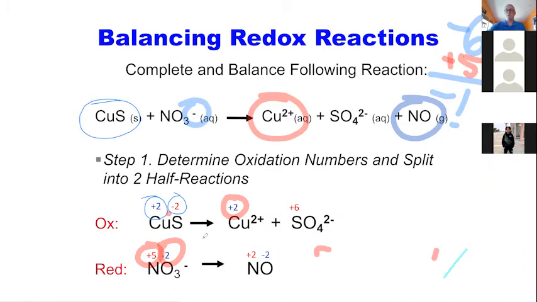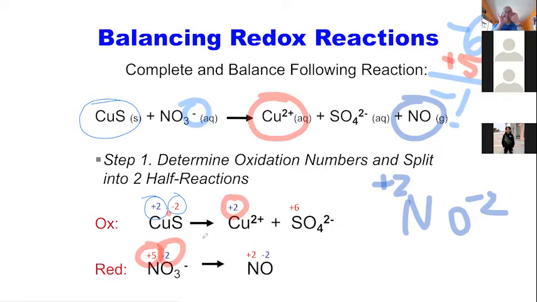So the oxidation number of the oxygen, again, has to be -2. So if oxygen is -2, what does nitrogen have to be? +2. It's got to be +2, right? Because it's not a charged species. It's a neutral molecule. So nitrogen has to be +2.